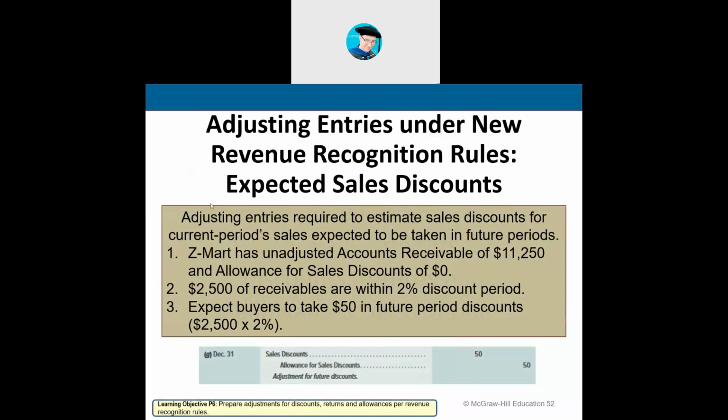As we discussed before, adjusting entries are used for making adjustments that happen after the accounting period has ended. An example would be sales discounts. If a sales discount is utilized within that accounting period, we can make that adjusting entry: debit sales discounts and credit allowance for sales discounts.